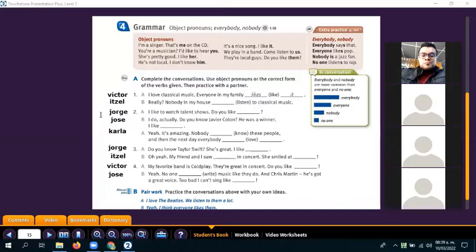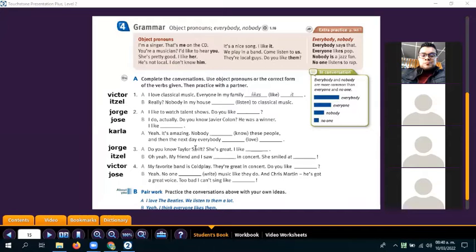"Like it" is used with objects. Taylor Swift is not an it, right? So what's the correct pronoun for Taylor Swift? I love her. I like her. All right.